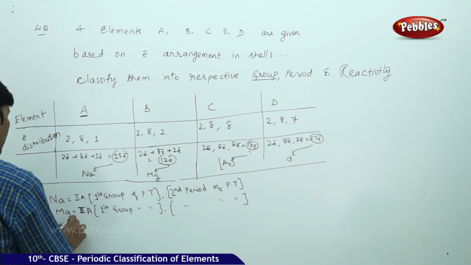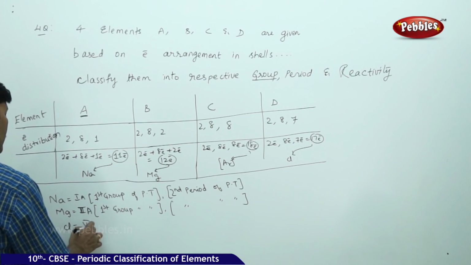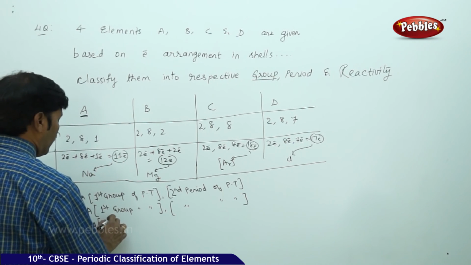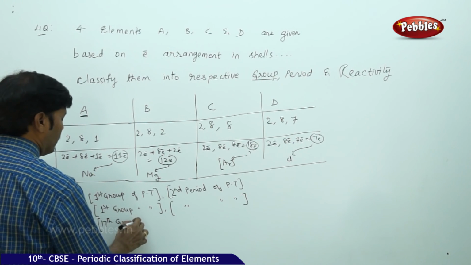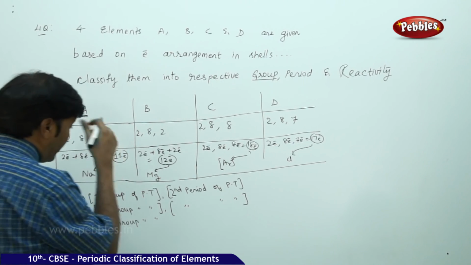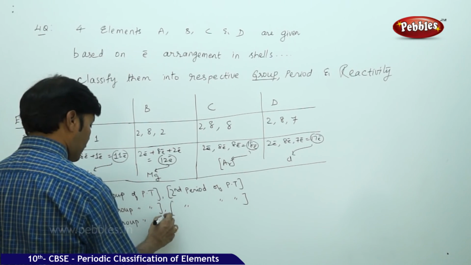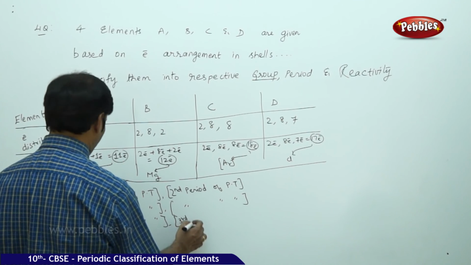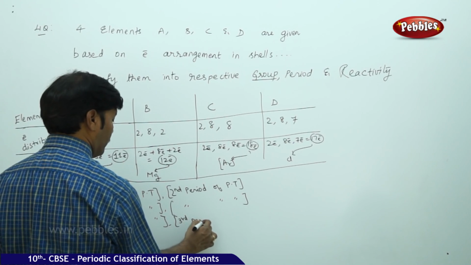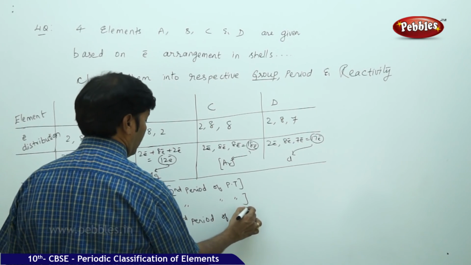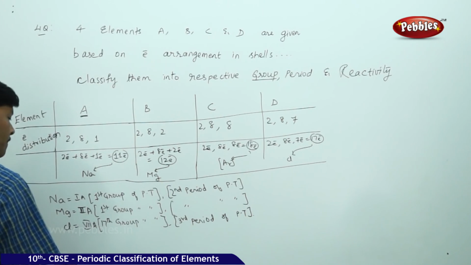Go for chlorine, belongs to 7A, halogens, it belongs to 17th group of periodic table and it belongs to third period of periodic table.